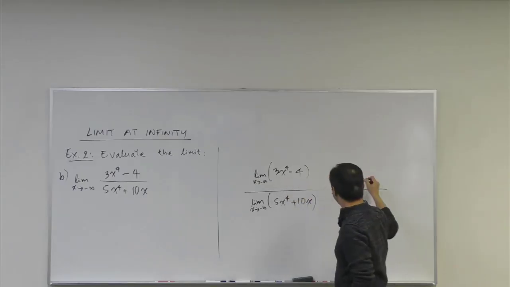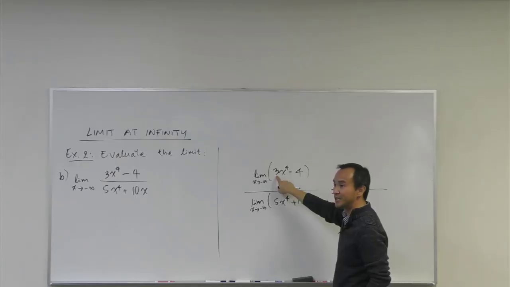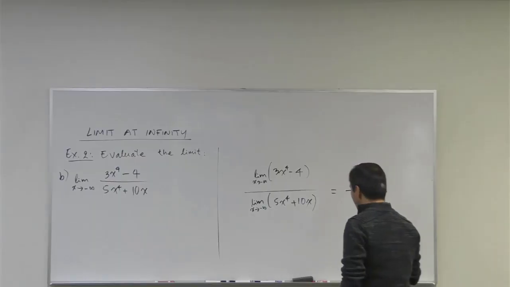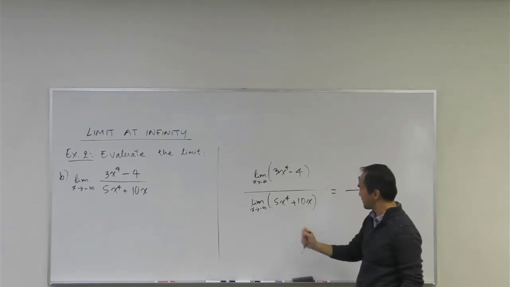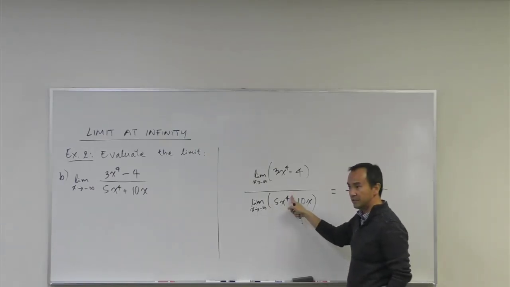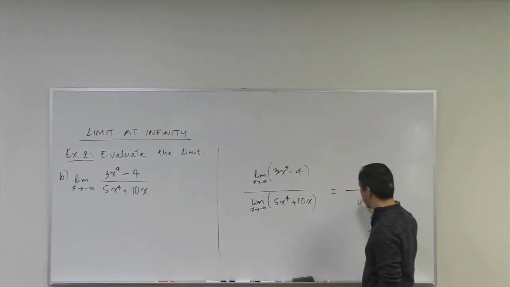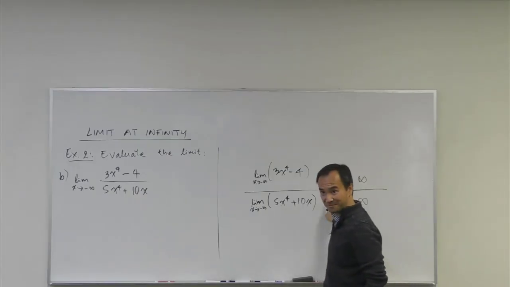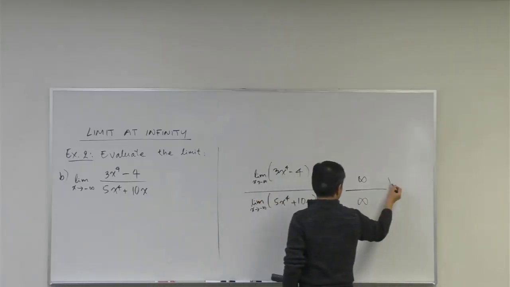Infinity, because it has even degree and a positive leading coefficient. What about the one in the bottom? Even degree, also a positive leading coefficient, so it goes to infinity again. But this is where it's indeterminate. You won't find a definite answer out of that, so that doesn't count yet. It's an indeterminate form.